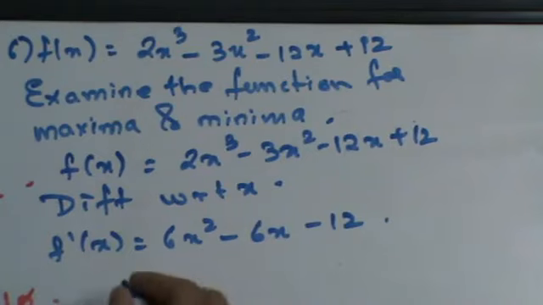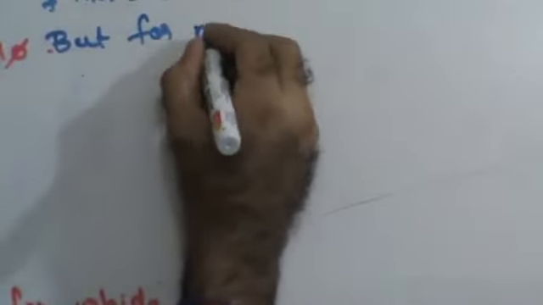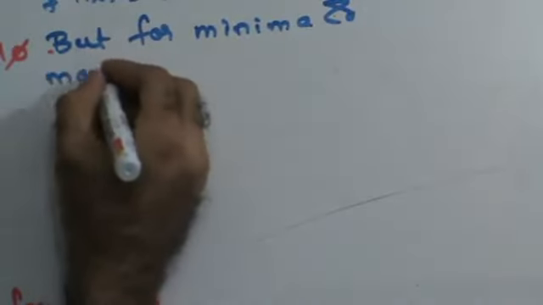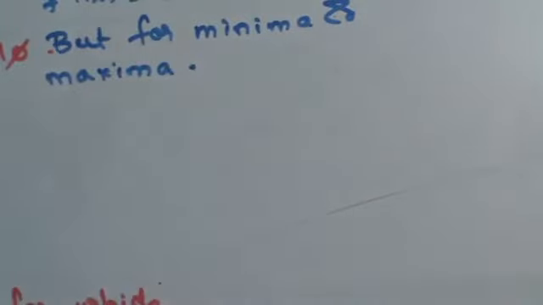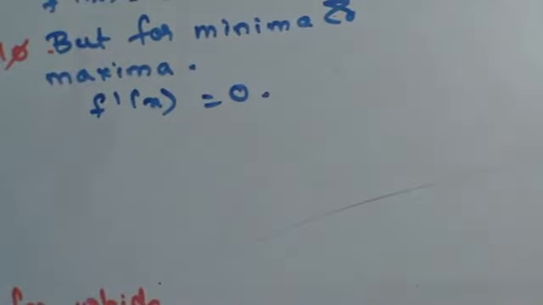Now, if you want to find the minimum and maximum value of a function, for minima and maxima, a function can obtain minimum and maximum value when its first order derivative is equal to 0.